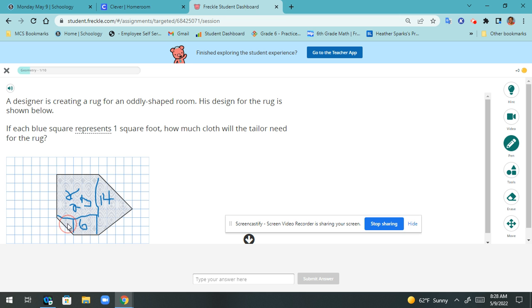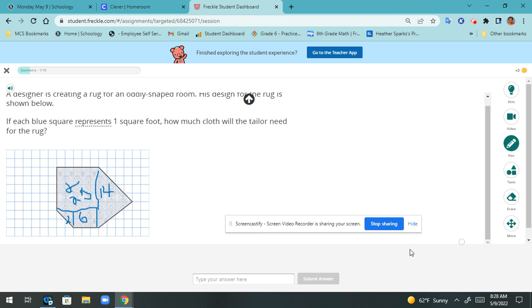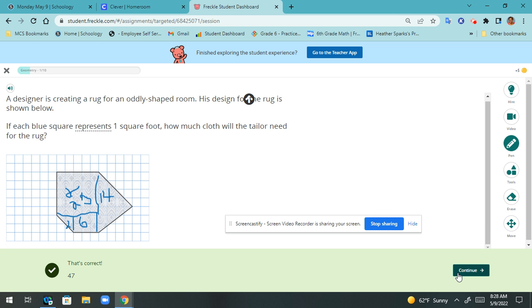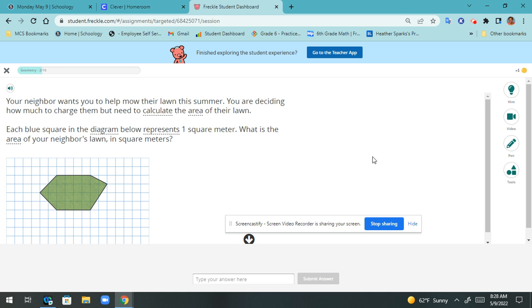Half of that is 2. So we're going to add these together. 14 plus 6 is 20. 22 plus 25, I think, is 47. Yeah. So I broke it up into little pieces.